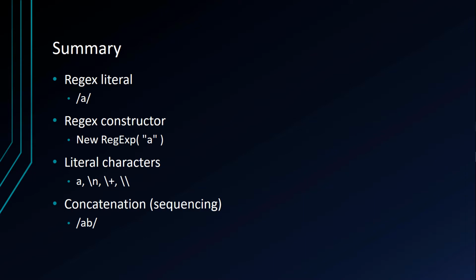We've also seen some literal characters, which could be regular alphanumerical characters, or a new line like \n, or backslash and the meta syntax character of an expression like a plus, or another backslash, or even $. We have also seen that we can concatenate these literal characters to indicate that we have to match a character followed by another character. We will build on this knowledge in the future videos.